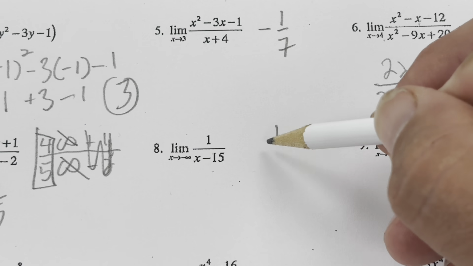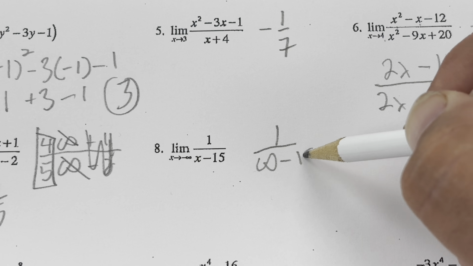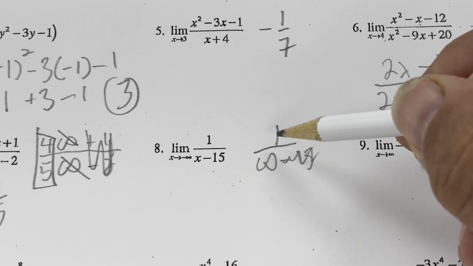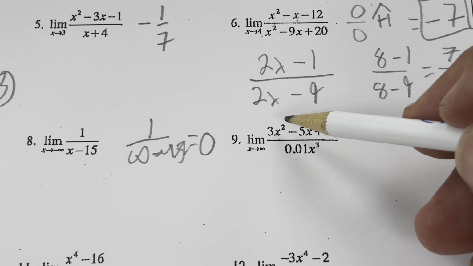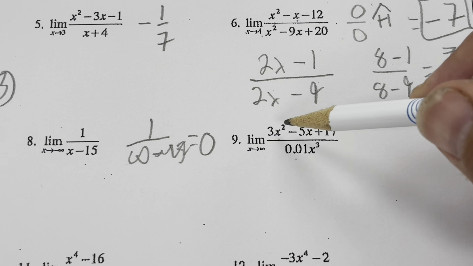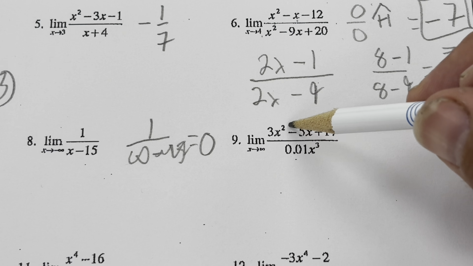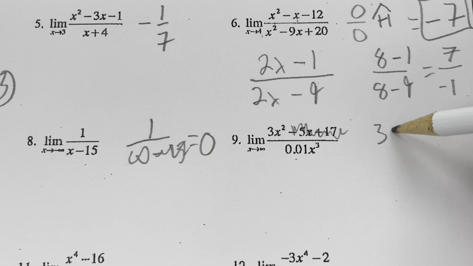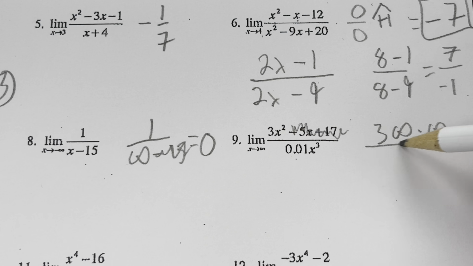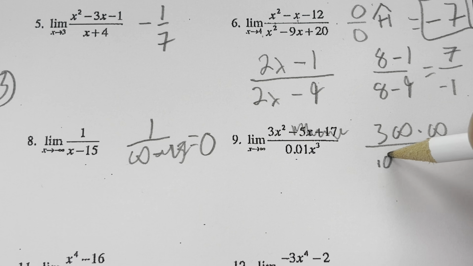Infinity, this would be 1 over infinity minus 15. So who cares about the 15? And 1 over infinity actually equals 0. So when we plug in infinity, we're going to ignore those, and it would be 3 times infinity over 0.01 times infinity.